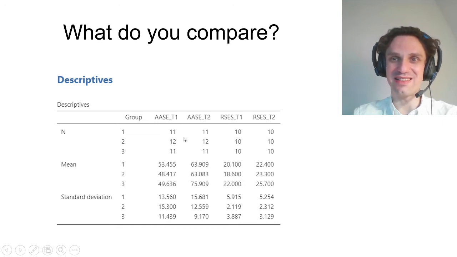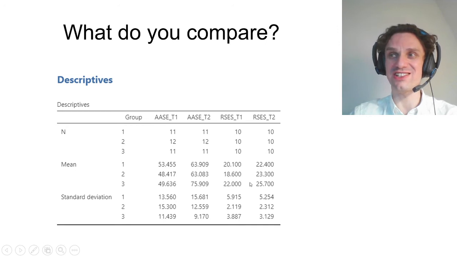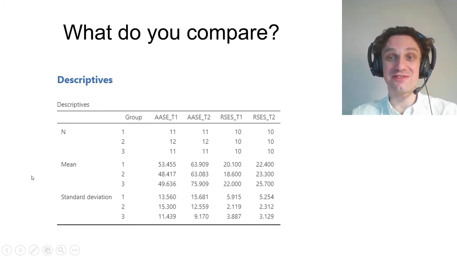Luckily, the number of people per group is the same, but otherwise, we would have been in big trouble with such a small sample. But as you can see, the means are fairly different. Self-efficacy increases almost by 1 standard deviation, and self-esteem increases almost by 1 standard deviation in all groups. So the effects are very strong.